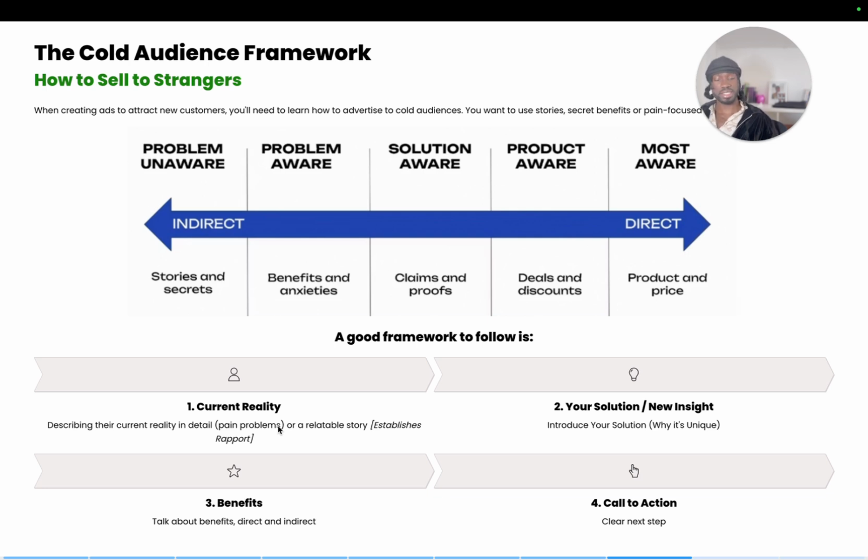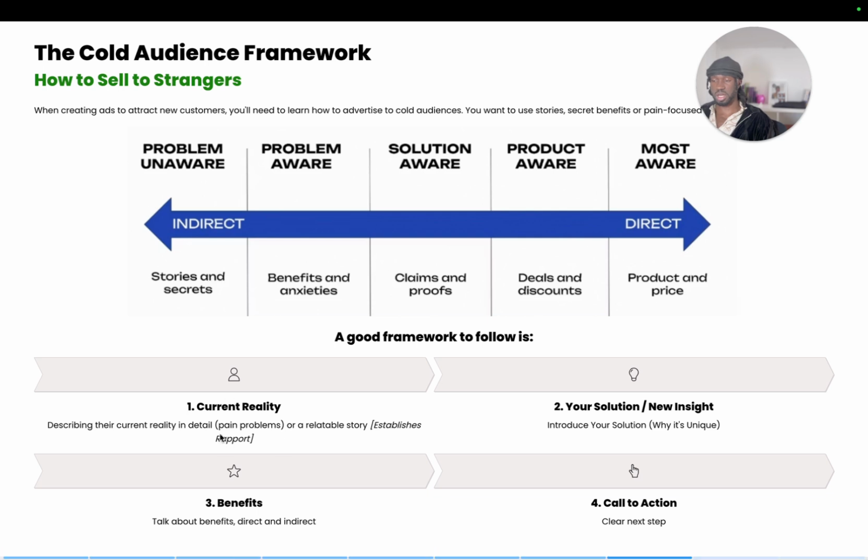By me really describing their current reality, they trust me, right? Because once you show that you really understand someone and their problems, they trust that you may have a solution.